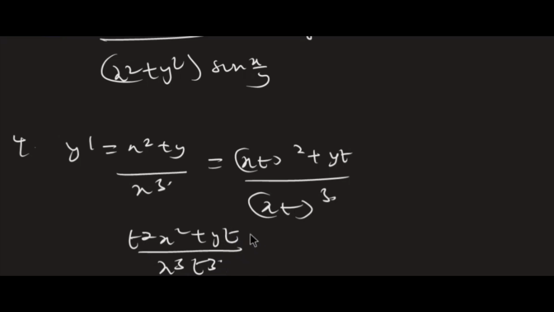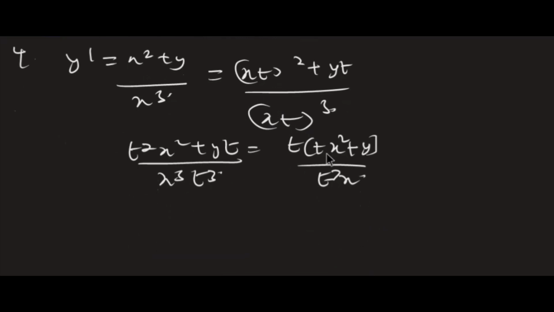Now at this point, I can only factorize t out here and I'll get t times x squared plus y over t, all over t cubed x cubed. And now the t will cancel the down one and I'll get t times x squared plus y over t, all over t squared x cubed. This is not equal to what we started, hence this is not homogeneous.